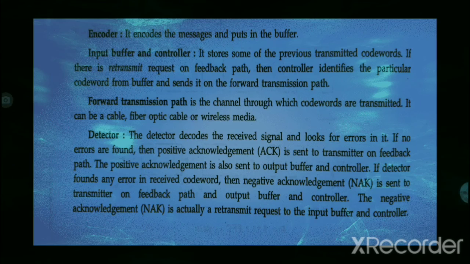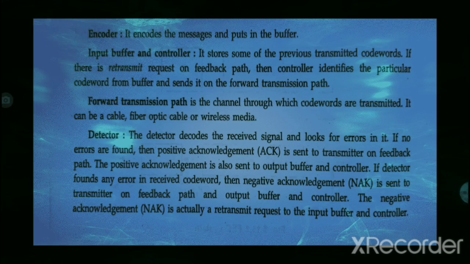Detector. The detector decodes the received signal and looks for errors in it. If no errors are found, then positive acknowledgement ACK is sent to the transmitter on feedback path. The positive acknowledgement is also sent to the output buffer and controller.